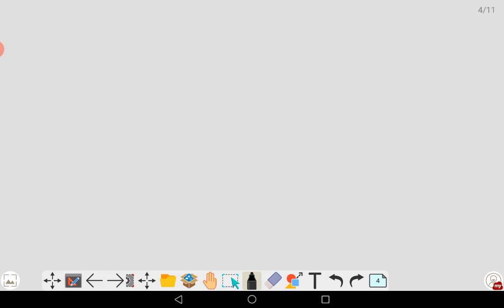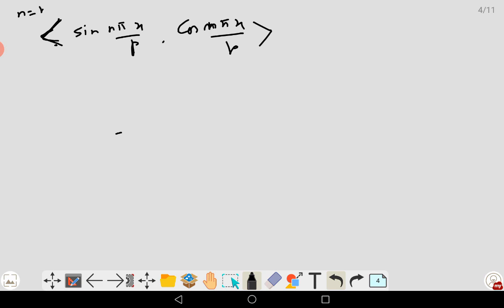Okay. In the same way, we have to try the inner product of sin n pi x over p with cosine m pi x over p. We can take this m and assume n is not equal to m.